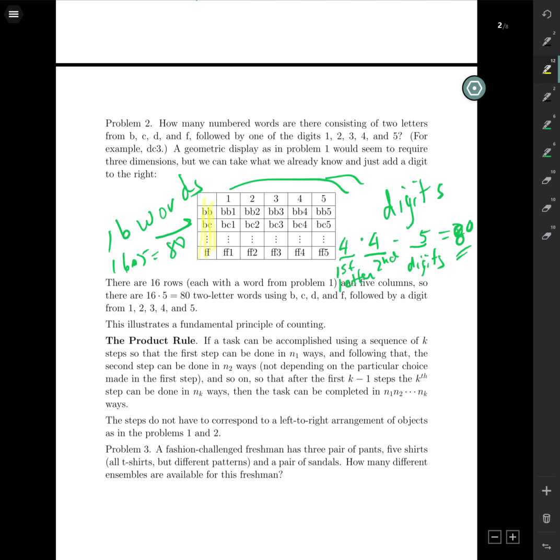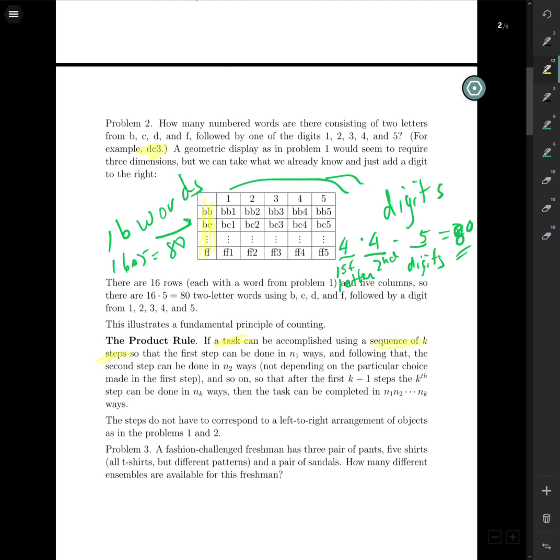The product rule, which this illustrates, says that if we have a task, for example above the task of forming a 2-letter word followed by a digit, something of the form like DC3, the task is not completed until we have all three things in place. Suppose a task can be accomplished by using a sequence of k steps. Above we used 3 steps.